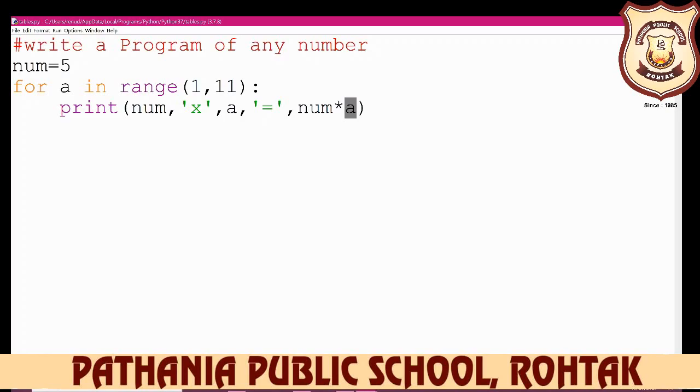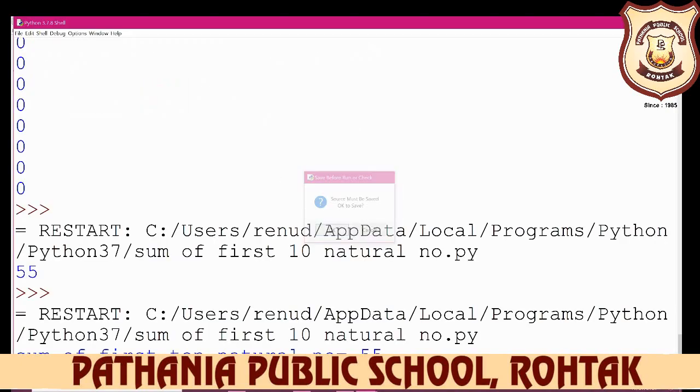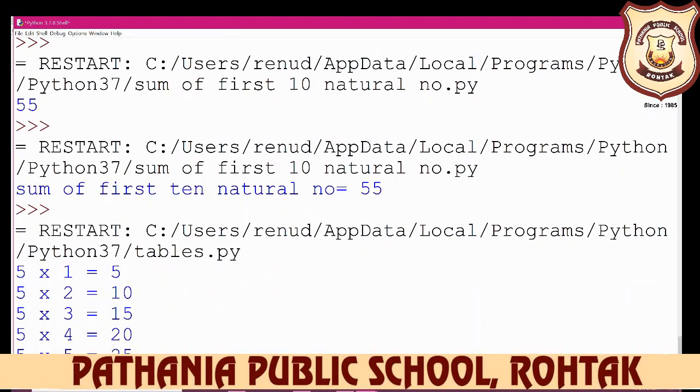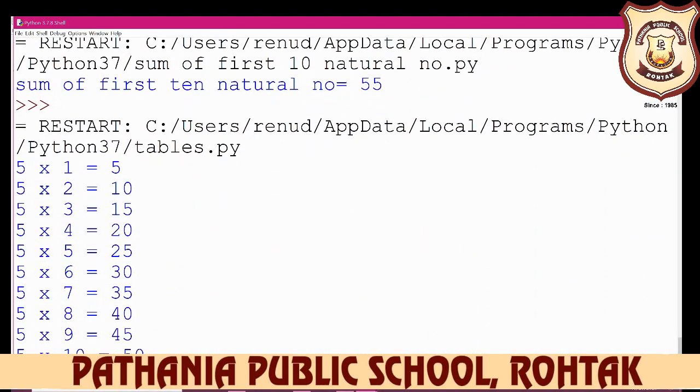So your answer is 5 multiply 1 is equal to 5, 5 multiply 2 is equal to 10, 5 multiply 3 is equal to 15. So what is the output of this? Run this program with F5, Fn and press F5 here, and you see the answer of this. 5 multiply 1 is equal to 5, 5 multiply 2 is equal to 10, 5 multiply 3 is equal to 15.